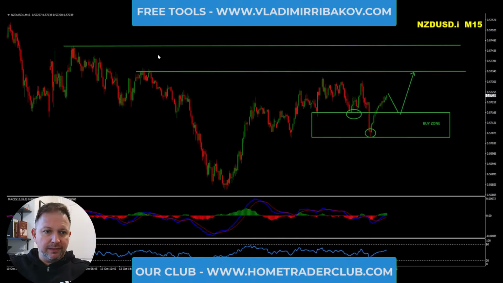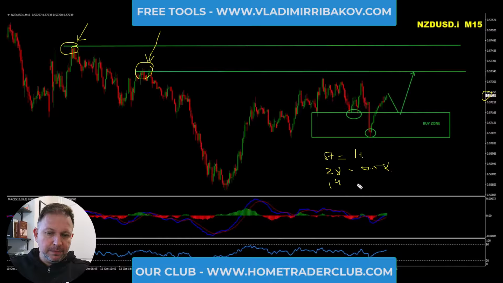As per the target levels, we would be aiming to the next key supply levels as our targets. Remember what I mentioned on the previous pair, 57 pips in that case means 1% change, 28 pips means 0.5% change, and about 14 pips will take it as a 1/4% change.